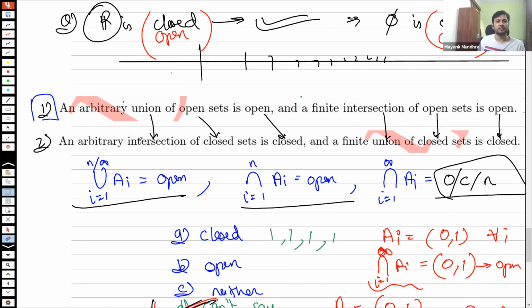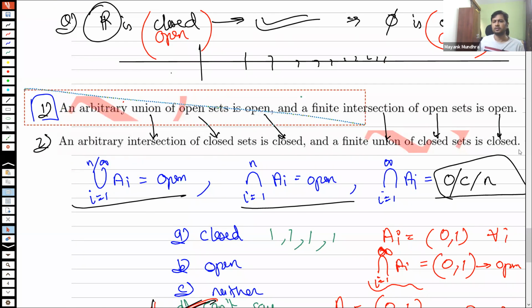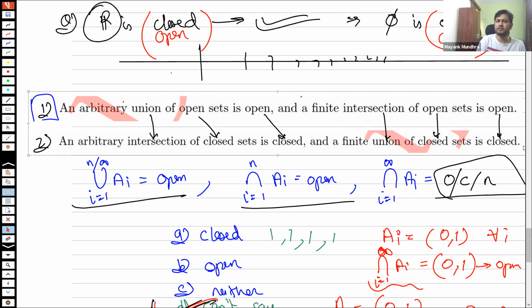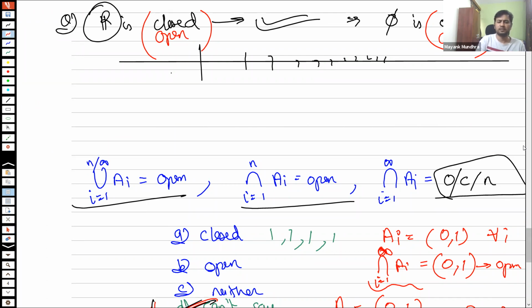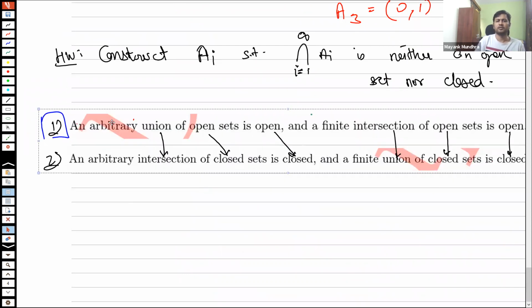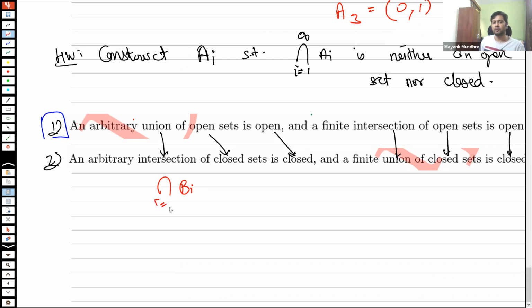Okay, let me copy this. Okay, so let's look at the second thing. The intersection of Bi for i equals 1 to infinity is going to be closed. So each Bi is closed.